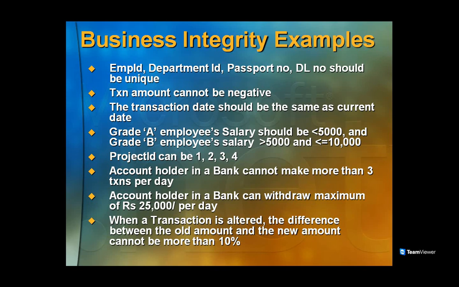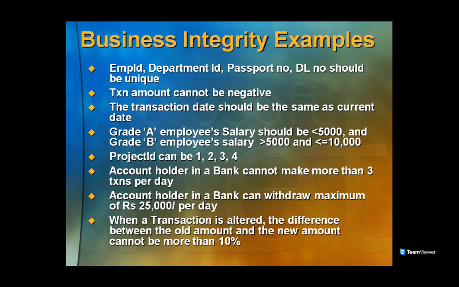So any application must have the right data. But how do we ensure that? Using what is known as business integrity features. As a human being, you have a right to make mistakes, but SQL Server or Oracle or DB2 will not allow those mistakes when these features are enabled.